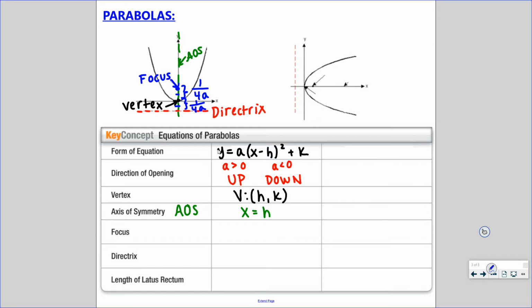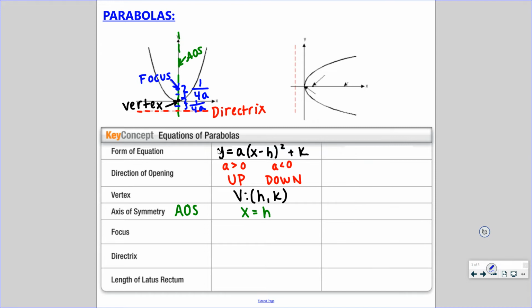But like I said, if you understand where the focus is located and this pattern, you can reason your way through this without memorizing the formula. Another thing I want to point out is the focus is always going to be on the axis of symmetry too. Okay?